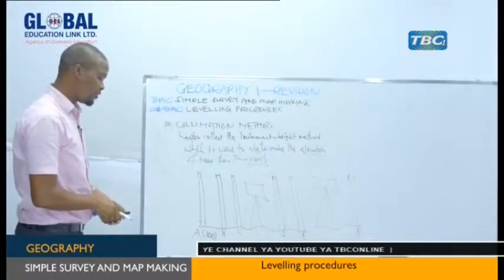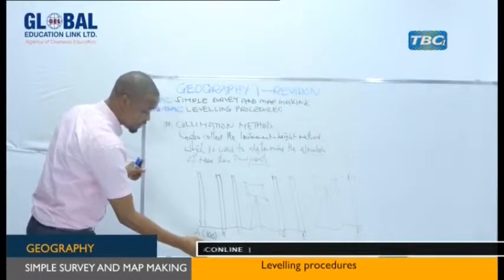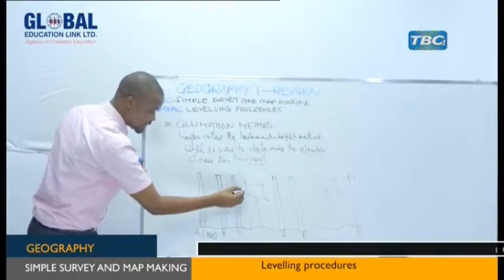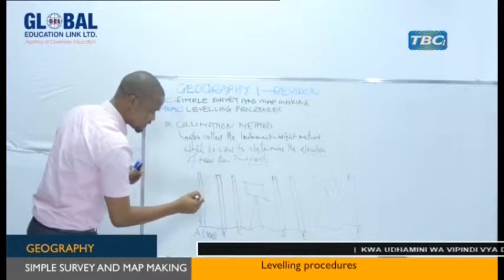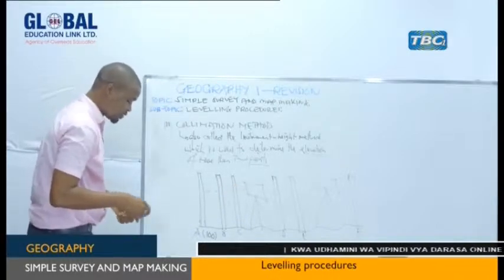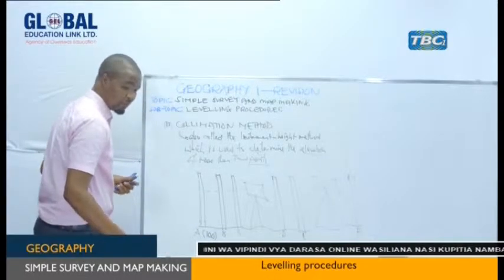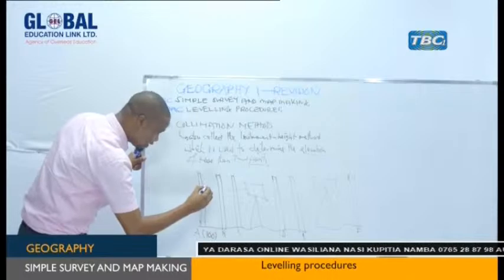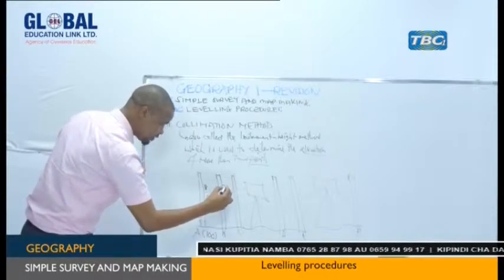So let's see, for instance, right here we have the fixed point reading on the ground, it is 100. Then let's say it is a spirit level reading different staff as you can see right now. Because we are starting to measure the first leveling staff at point A, let's say right here it is 8, are we together? Then we go, let's say here it is 5.